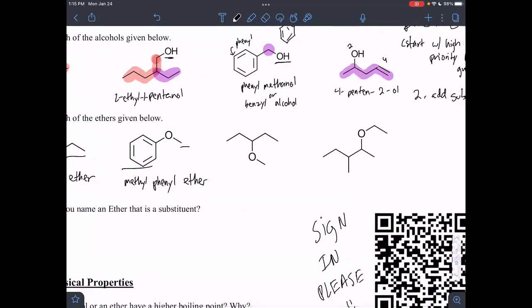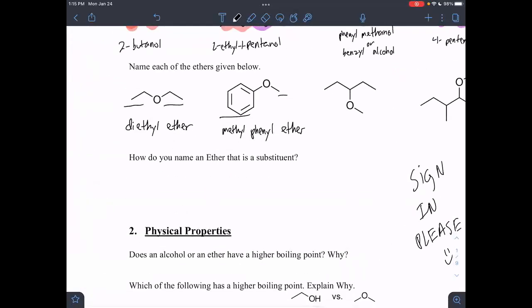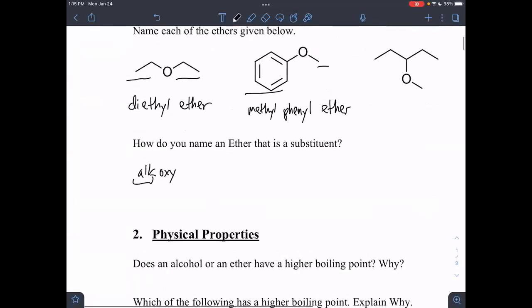And the next one, we have an ether as a substituent. But first, do you guys remember how to name an ether as a substituent? It's alkoxy. And then what does the alk stand for? Like you replace that with methyl, butyl.